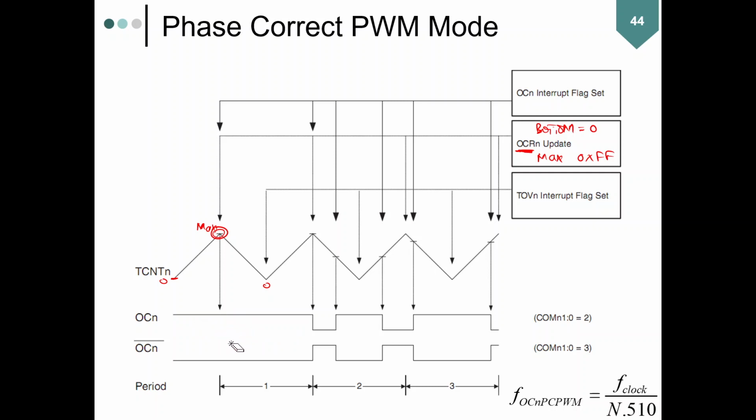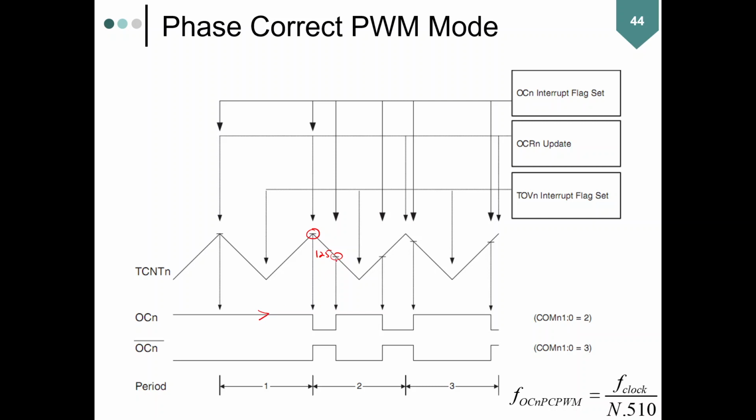Then what happens is that it compares the output compare register value and the timer count value on the up count as well as on the down count. For example, suppose we have set the output compare register value to 125.